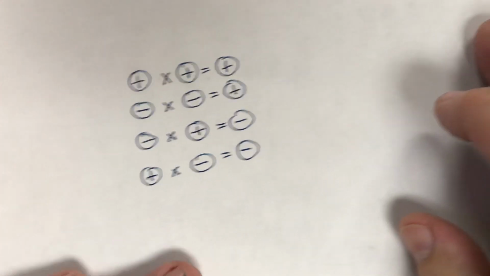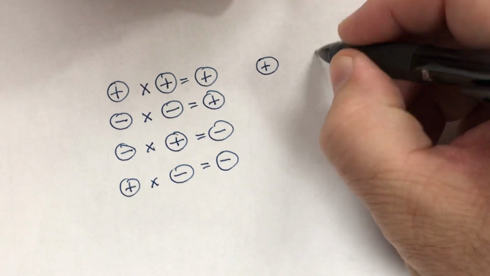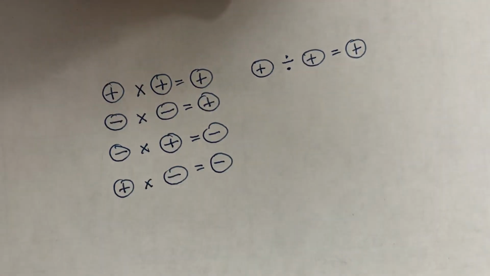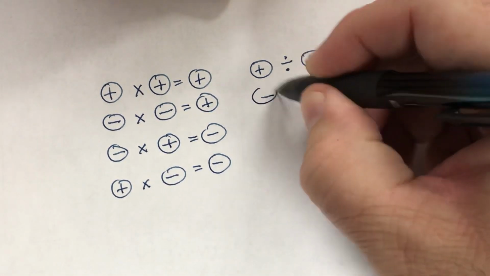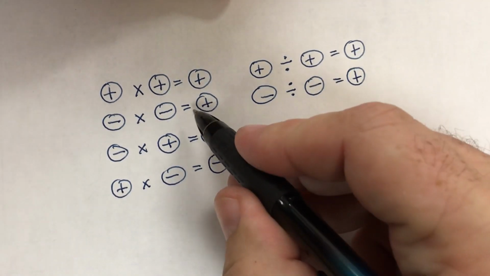So those are the rules for multiplying integers, and the rules for dividing integers are no different. So once this becomes a division symbol, nothing changes. A positive divided by a positive is a positive. A negative divided by a negative is also a positive, just like over here.